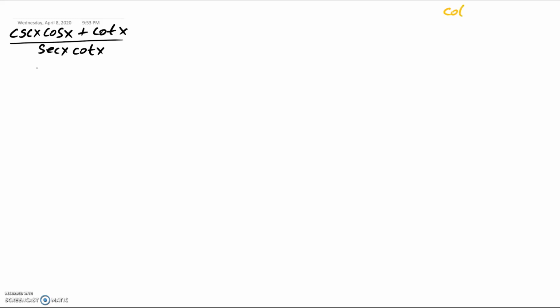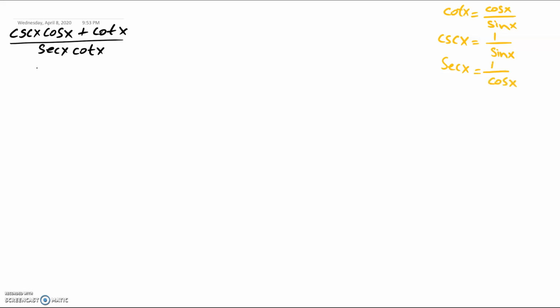Cot x is equal to cos x over sin x. The identity for cosecant x is 1 over sin x, and the identity for secant x is equal to 1 over cos x.